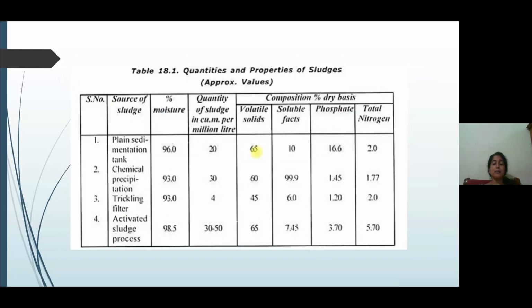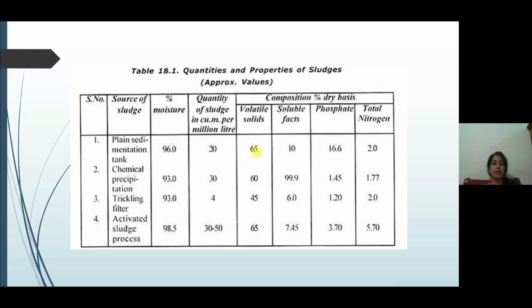This is the quantities and properties of sludges from various stages, that is plain sedimentation tank, chemical precipitation, trickling filter, and activated sludge process. Here you can see the percentage of moisture content of each sludge coming from each stage of this wastewater treatment system.